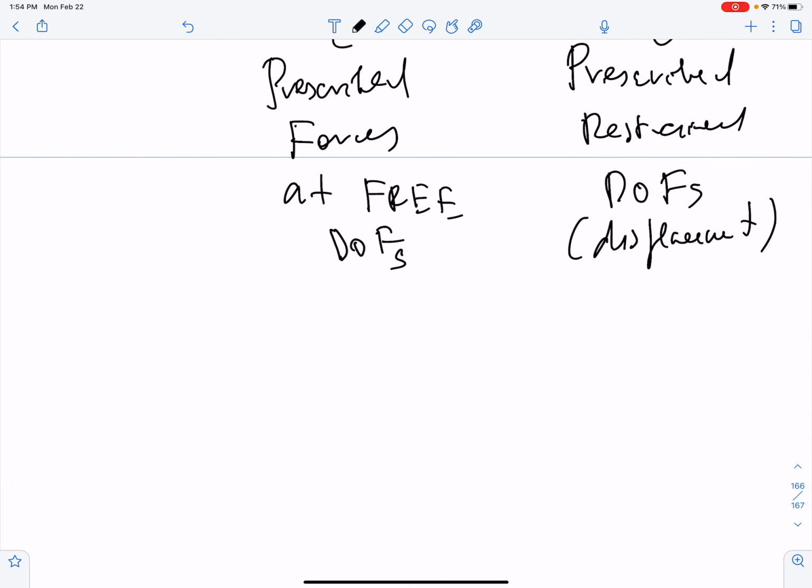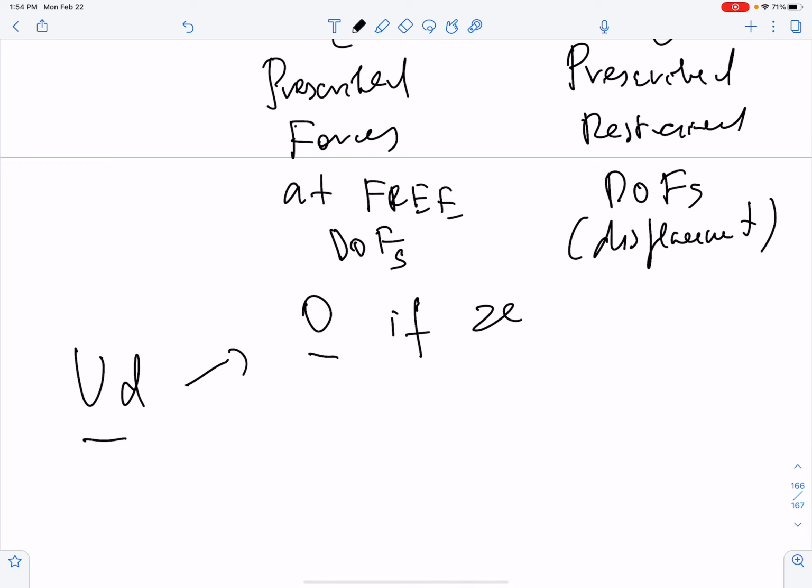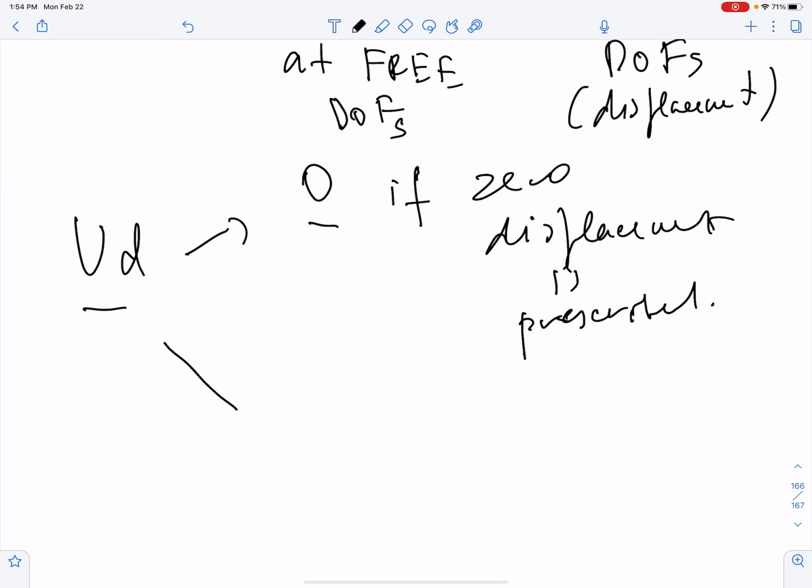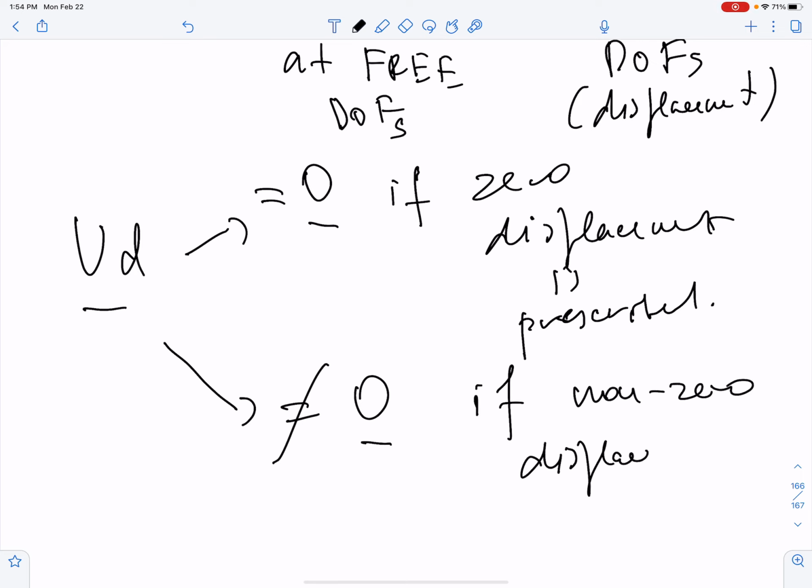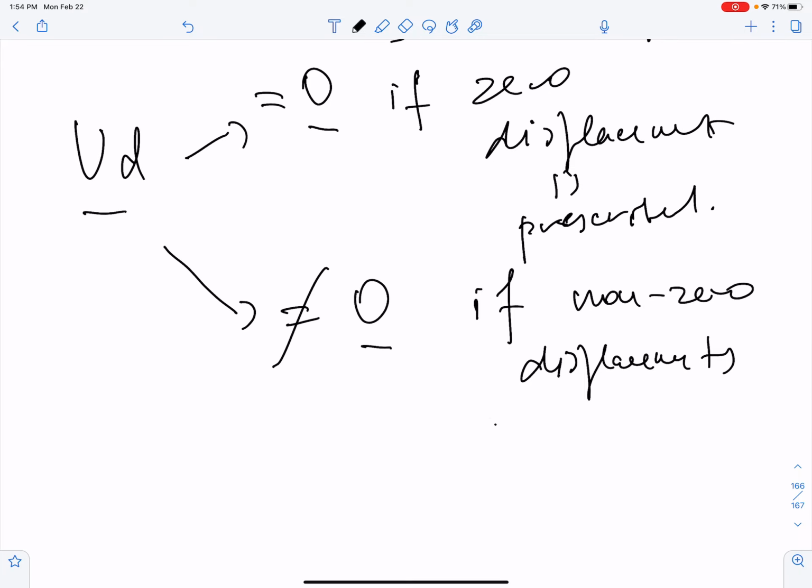And so UD can take on several values. It could be truly zero if zero displacement is prescribed, but it may not be zero, if non-zero displacements are prescribed.